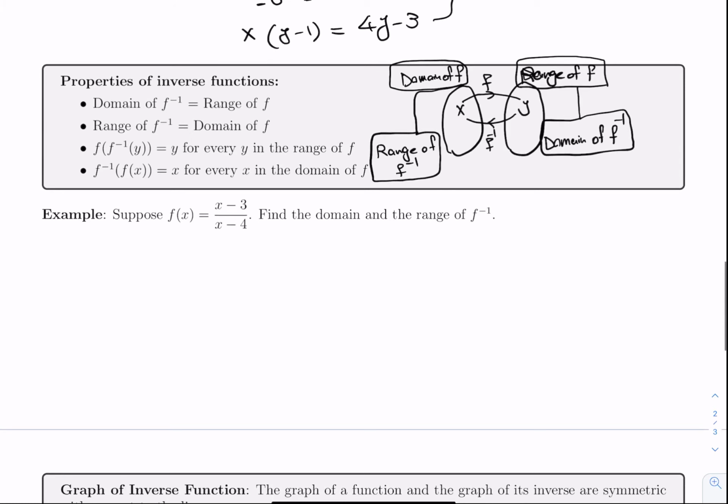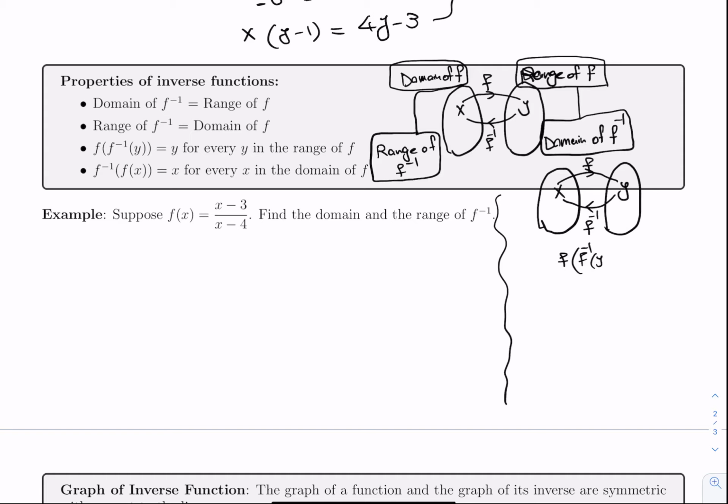We would also like to look at the composition of f and f inverse in different orders. Let's begin with f being a one-to-one function where f of x is equal to y, and therefore f inverse of y will be equal to x. Now consider f of f inverse of y.